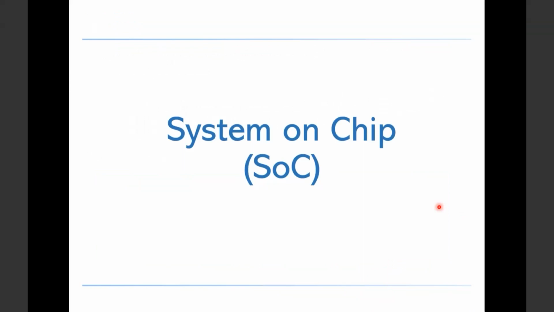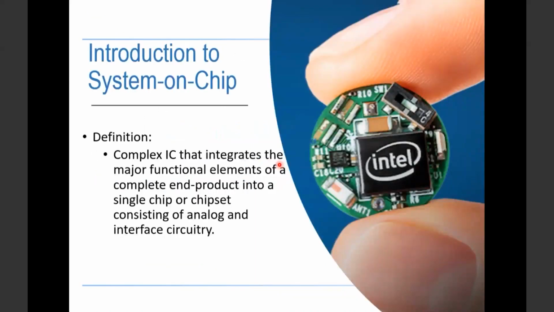We have another processor called a system on chip, or sometimes we call it a SOC. Now we are going to look at what a SOC, or system on chip, is. The SOC is actually a microchip. You can see here it's very small, with all the necessary electronic circuits and parts for a given system.